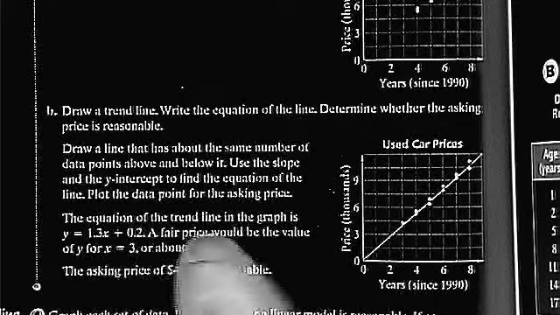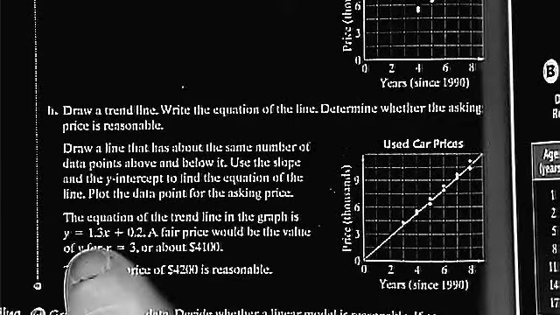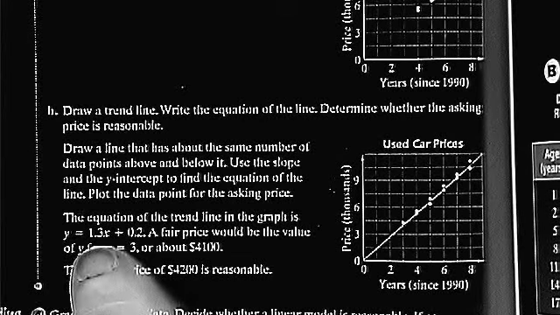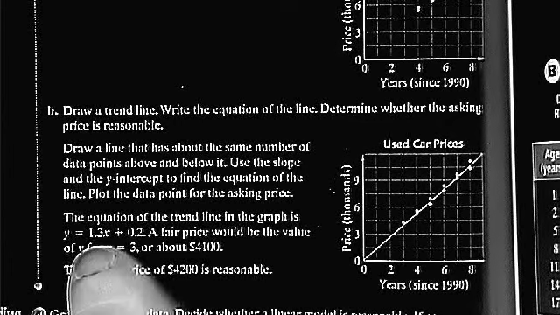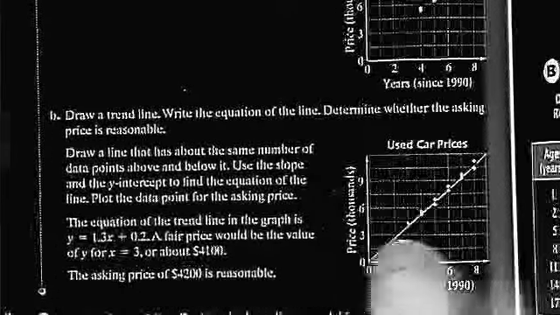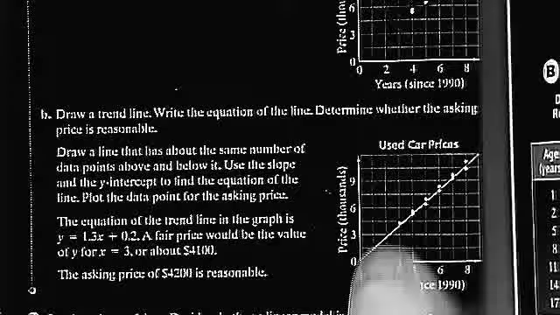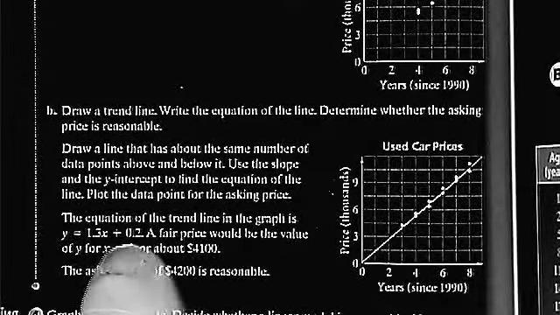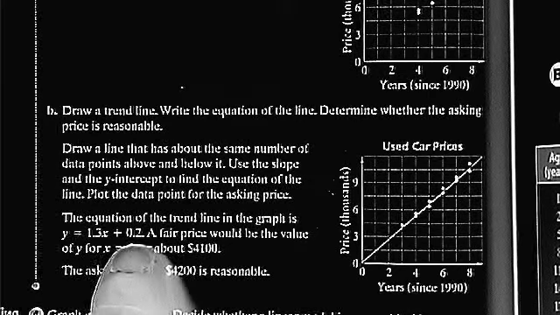The equation of the trend line in the graph is, now they kind of really jumped ahead. In this particular example, they didn't show you any of the work of finding the slope. They didn't show you which 2 points they used. You are going to have to pick 2 points, one here, one there, find your slope, and then write the equation of your line and find the y-intercept.